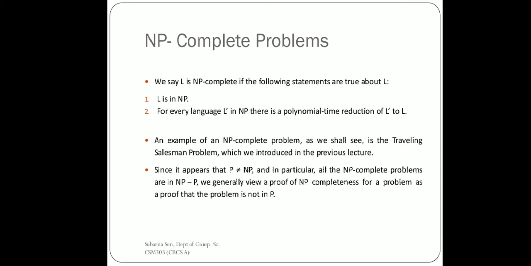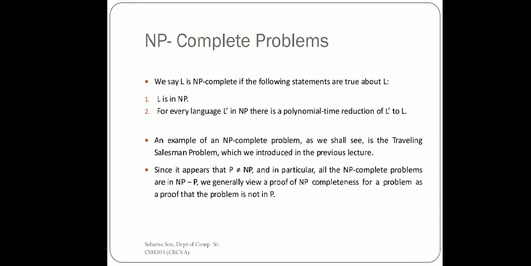Now, it appears that P is not equivalent to NP. Some problems can be solved in polynomial amount of time using a deterministic Turing machine, and there will be some problems which we cannot solve in polynomial time using a deterministic Turing machine, but with a non-deterministic approach that can be done in polynomial time. So these two are not always equivalent.